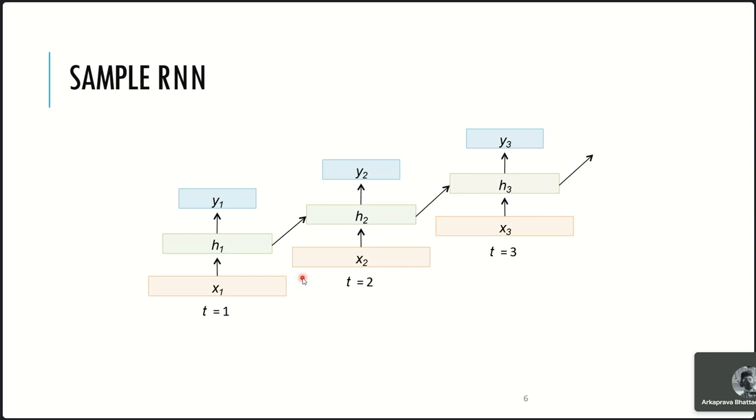At each iteration, you give one input at a time and generate one hidden output at a time. That hidden output is processed, and you generate one output, Y1 or Y2 or Y3, etc., at that particular time instant. This is what we call unrolling or unfolding of an RNN neural network.